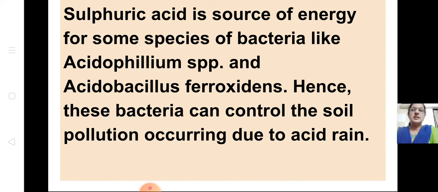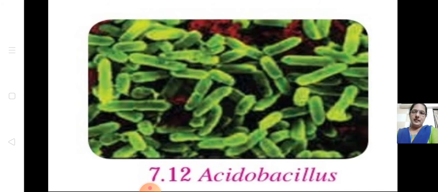So when we use these two bacteria, they help control the soil pollution caused by acid rain. Now this is the bacteria Acidithiobacillus, you can see here.